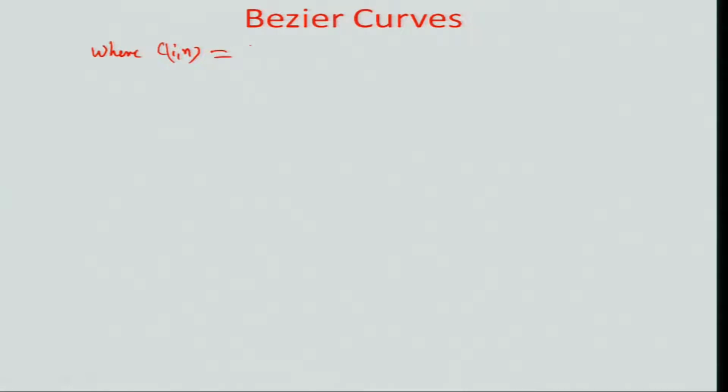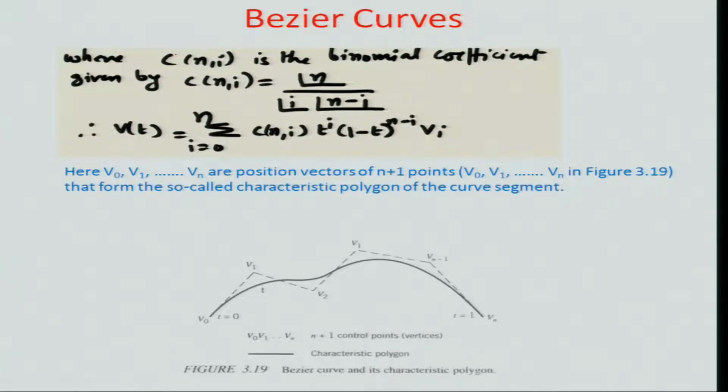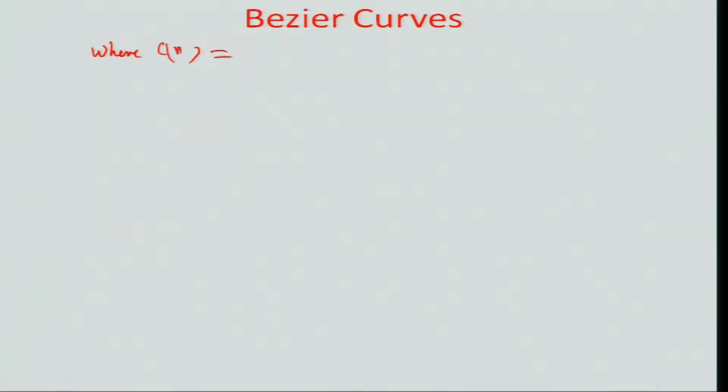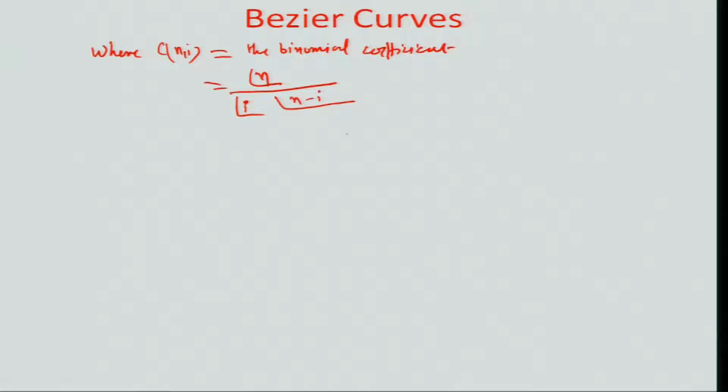So C(n,i), where n is the higher index term, is the binomial coefficient, and it can be expanded as n factorial divided by i factorial times (n minus i) factorial, from common mathematics knowledge.